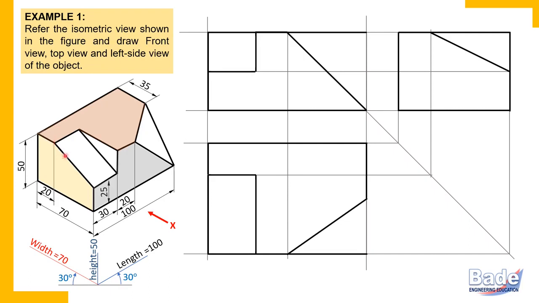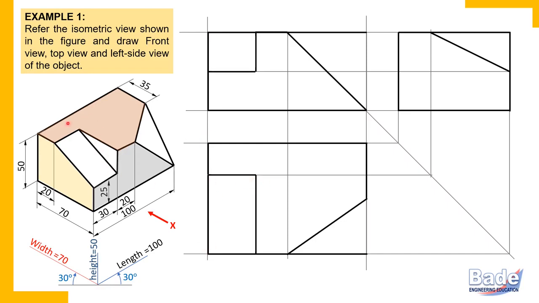And now by joining the ends of the principal edges here and here, we have completed the surface. Remember, actually no extra work is required here because these two edges are already present for the top surface. This surface, we have already made this entire line dark, and for this surface, we have already made this entire line dark. So that rectangular surface directly appears here.